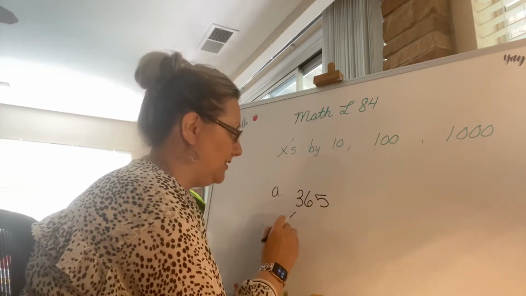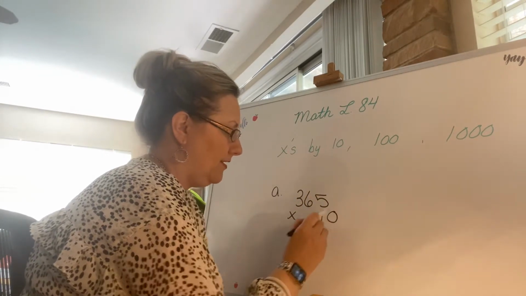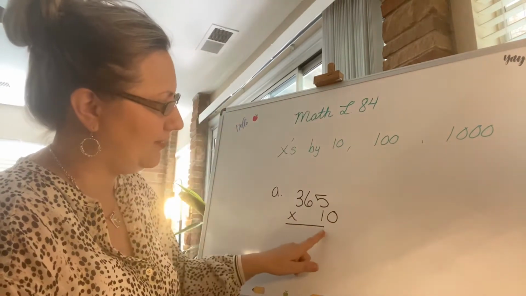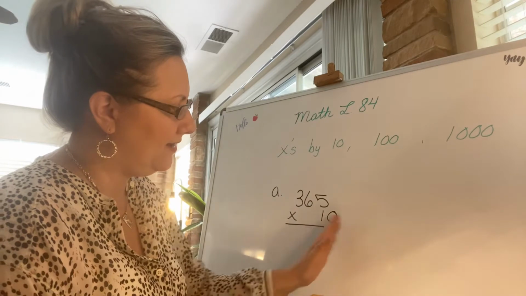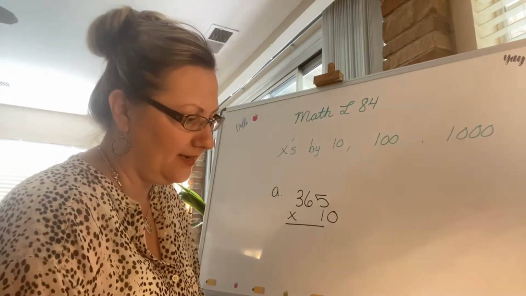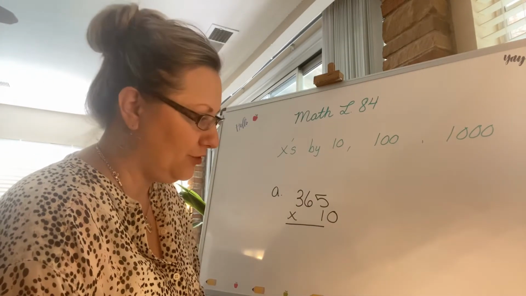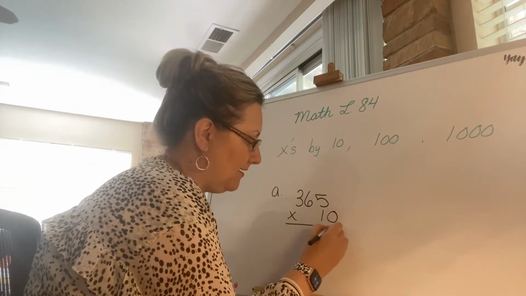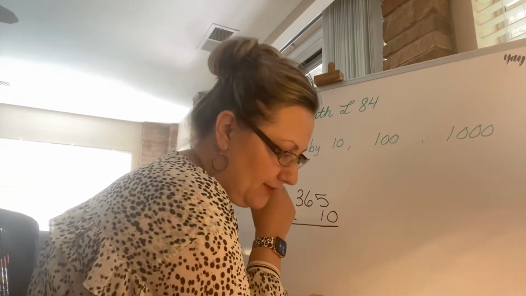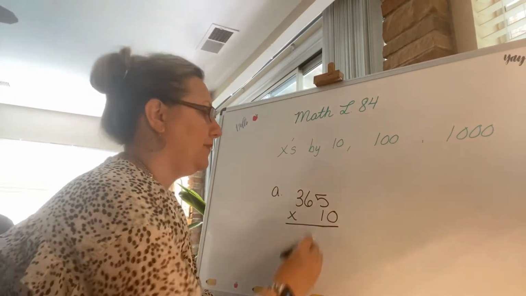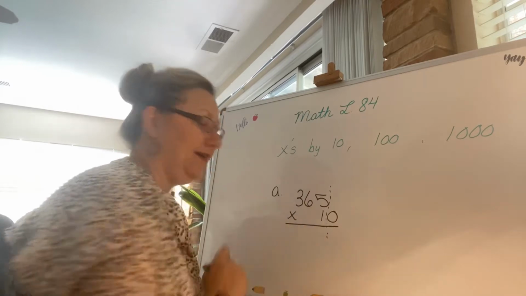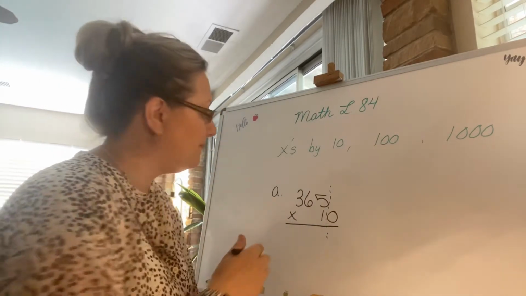365 times 10. Oh, there you go. Notice that I'm drawing the line just up to the 1 and not to the 0 so that I can differentiate. You can do it the other way. You absolutely can. In fact, I think your book does. Yes, it does. You can draw the line if you wish to do that.